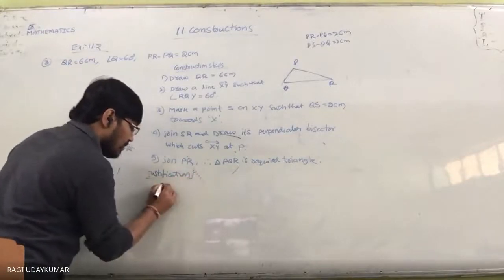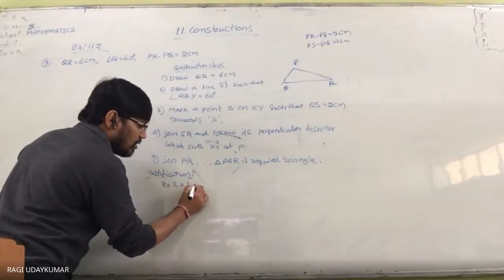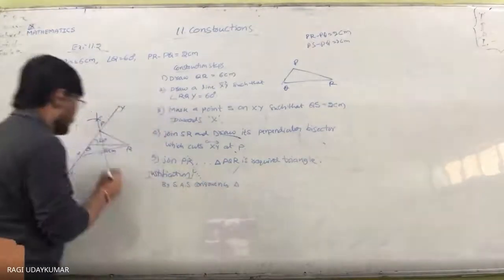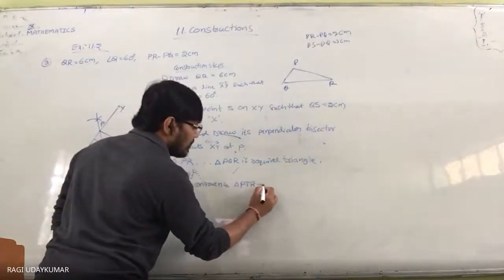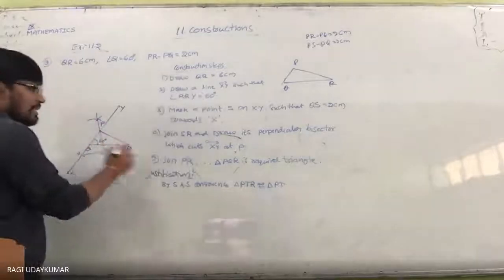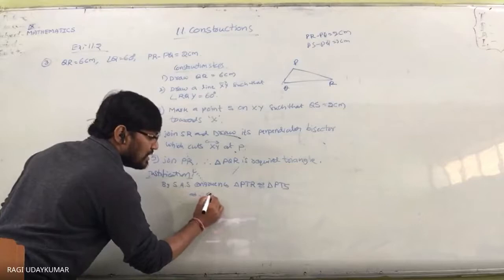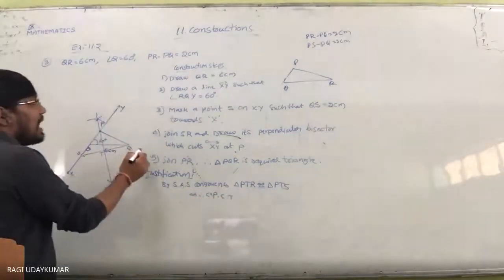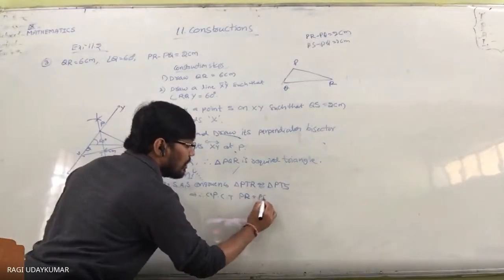By SAS congruency, triangle PTR is congruent to triangle PTS. Therefore, by CPCT, you can say that PR length is equal to PS. PR is equal to PS.